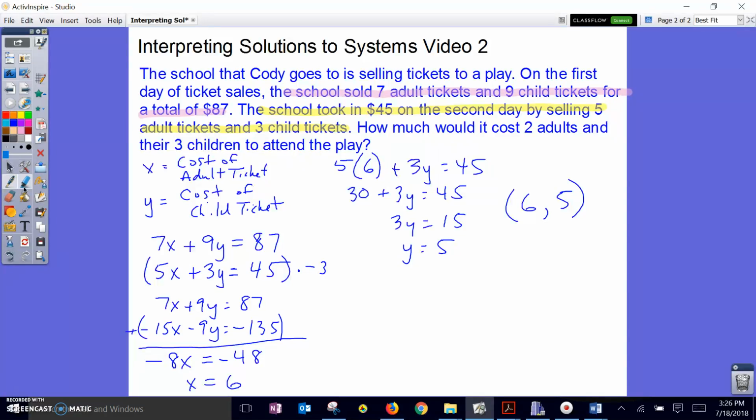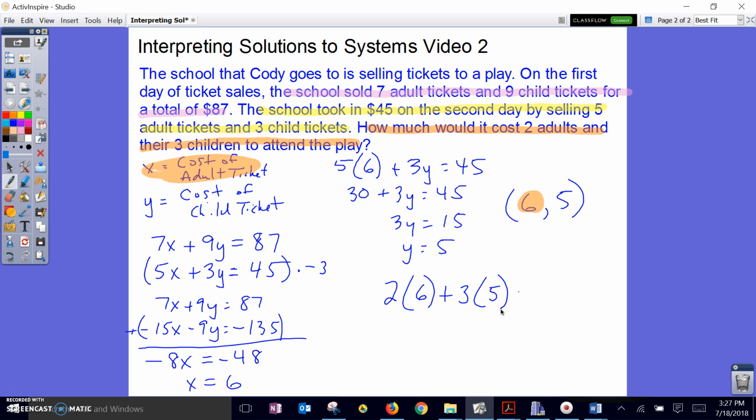Now, the last thing we want to do is take that answer and interpret it to find the answer to the question that we're being asked. How much would it cost 2 adults and their 3 children to attend the play? So we want 2 times the cost of an adult ticket. The cost of an adult ticket is X, so that's going to be 6, plus 3 times the cost of a child's ticket, which is $5.